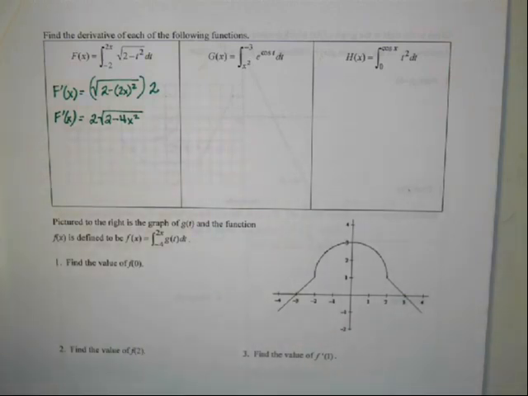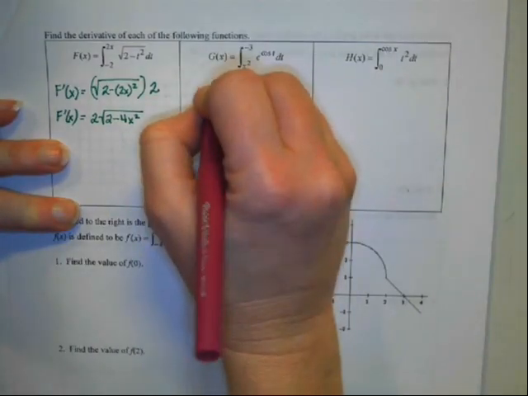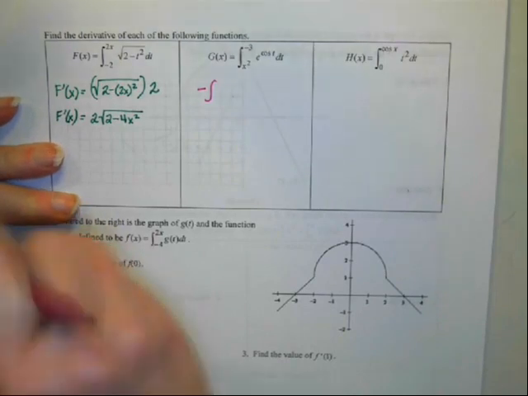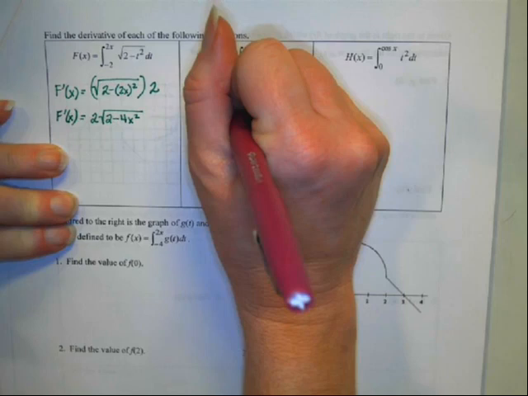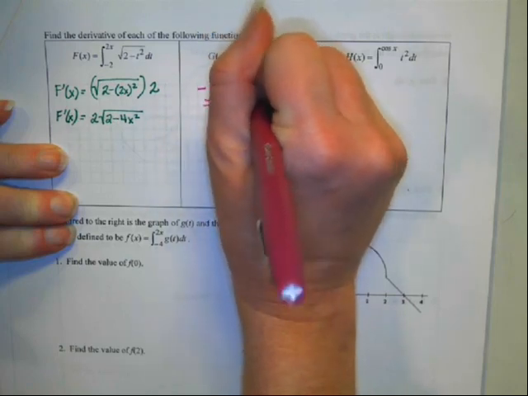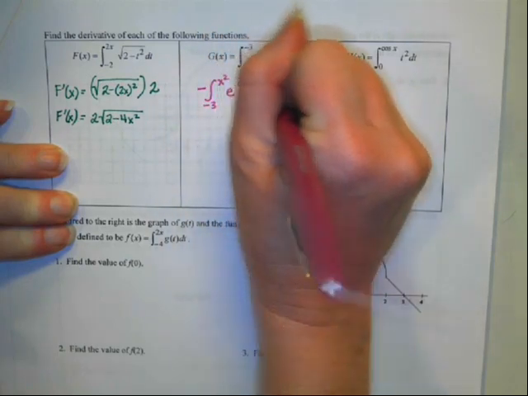All right, the next one I have an issue. Because the a is not a constant, the a is a function, right? And the b is a constant. But our properties of integrals will allow me to switch those two if I make the entire integral negative. So I can just make it a negative antiderivative, and I can move the negative 3 to the bottom and put x squared on top. e to the cosine.